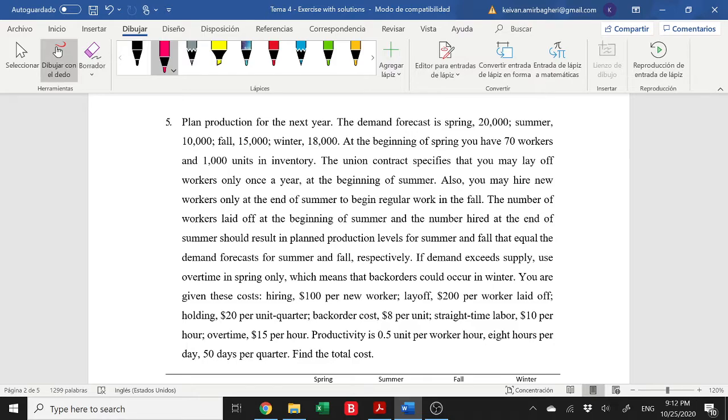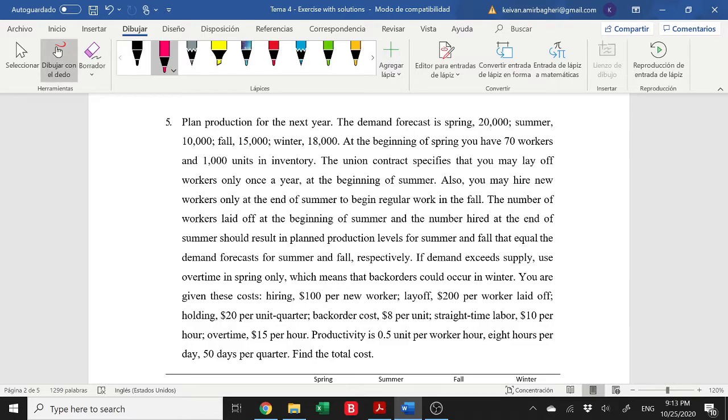So if demand exceeds supply, use overtime in spring only. So what is the meaning of this? It means that, for example, I have 20,000 units of production, but with my regular number of workers, I can only produce, for example, 14,000.